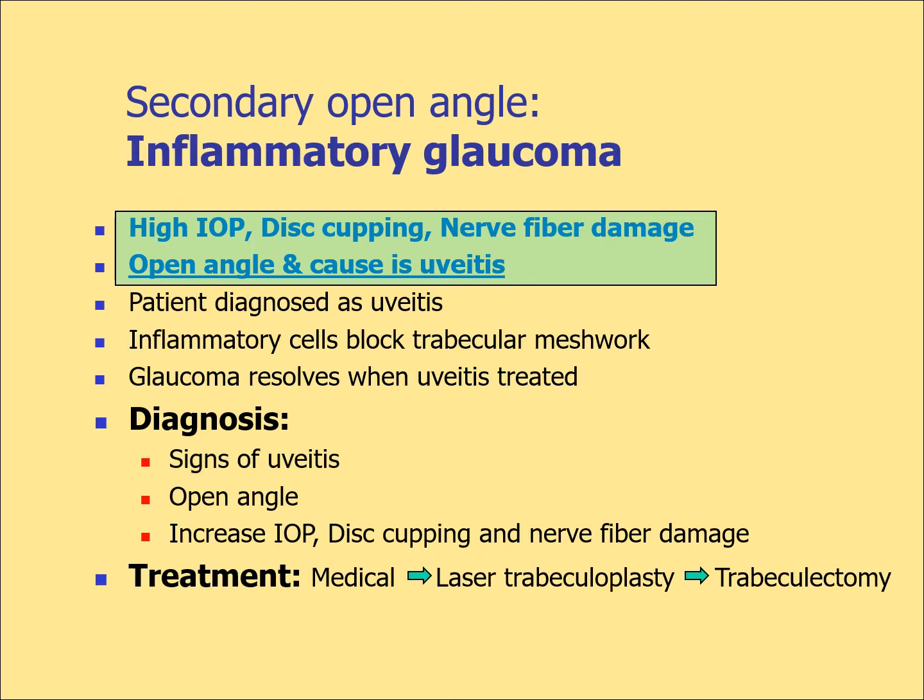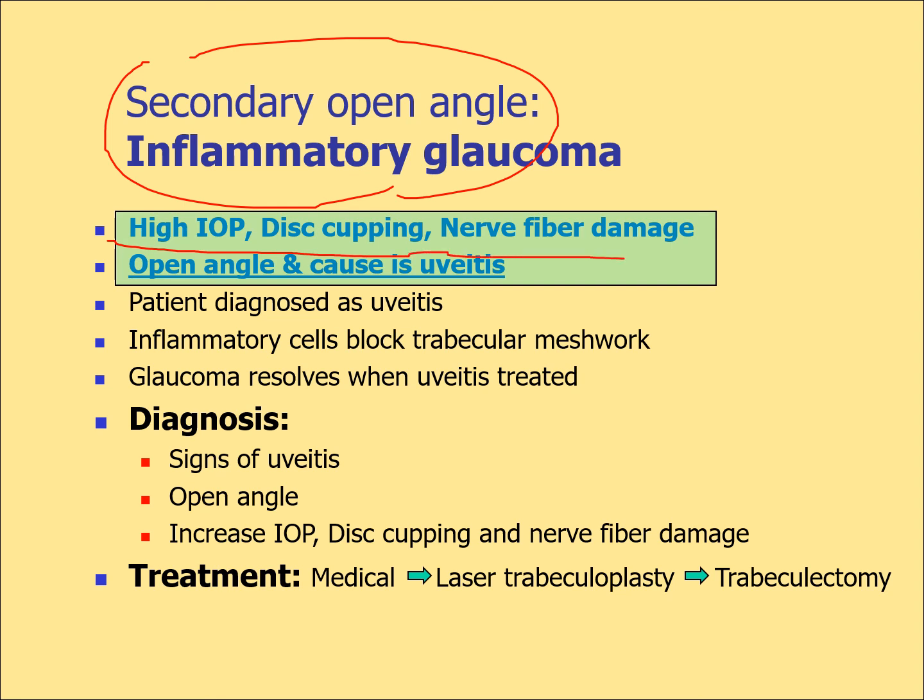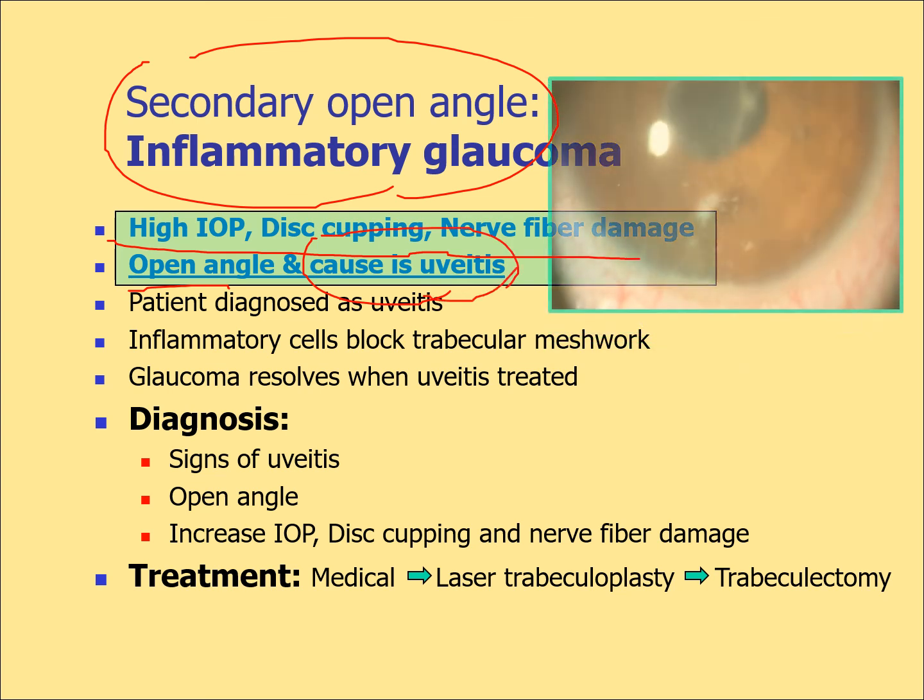Third is inflammatory glaucomas, another type of secondary open-angle glaucoma. Here the same increased IOP, cupping, nerve fiber damage, open angle, and the cause is inflammation or uveitis. What happens?